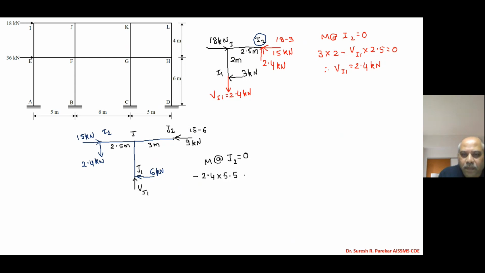Then due to 6 we have plus 6 into, now the vertical distance is 2 meters, so into 2 minus VJ1 into 3 equal to 0. And then we get the value of VJ1 as 0.4 kilonewtons.